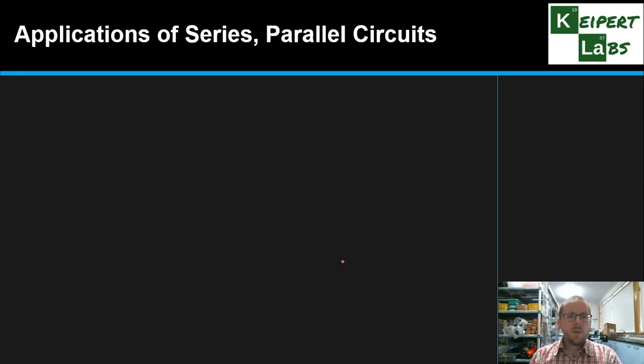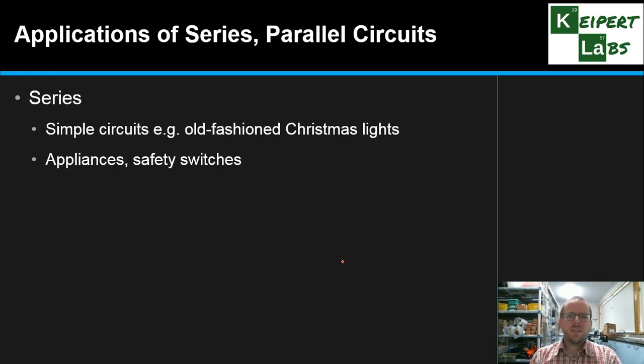Okay, so thinking about how we might use series and parallel circuits, or when we might encounter them in everyday life. Series circuits would be typical simple circuits. Perhaps an example like old-fashioned Christmas lights, not ones that you'd buy these days, but when they originally came out, everything was all connected up in one line. And if one globe broke or blew, then the whole thing went out, and you had a devil of a time trying to figure out which one to replace.